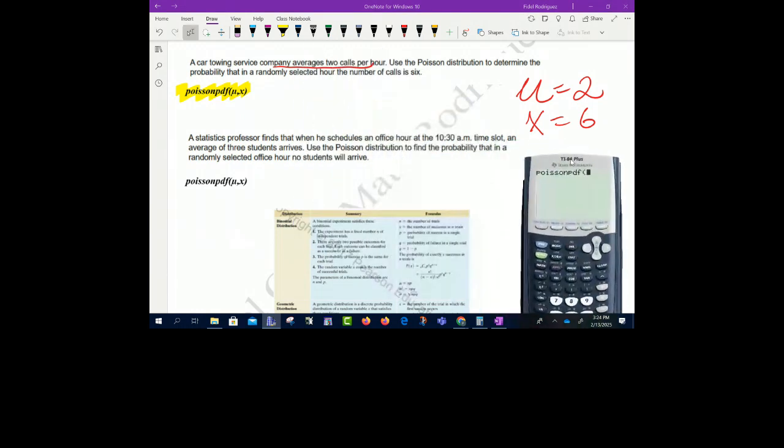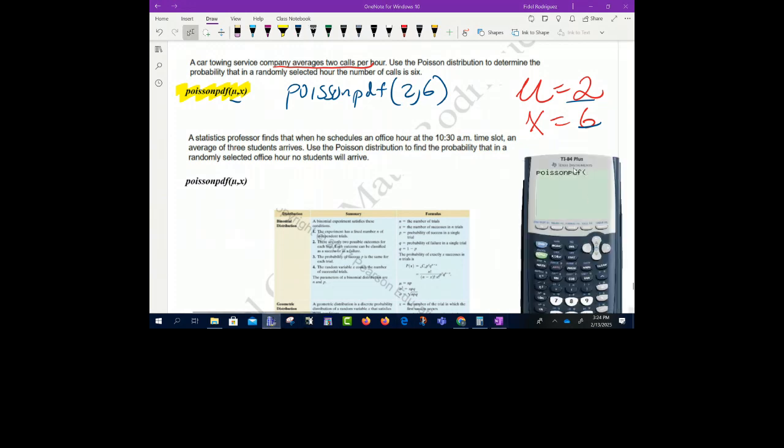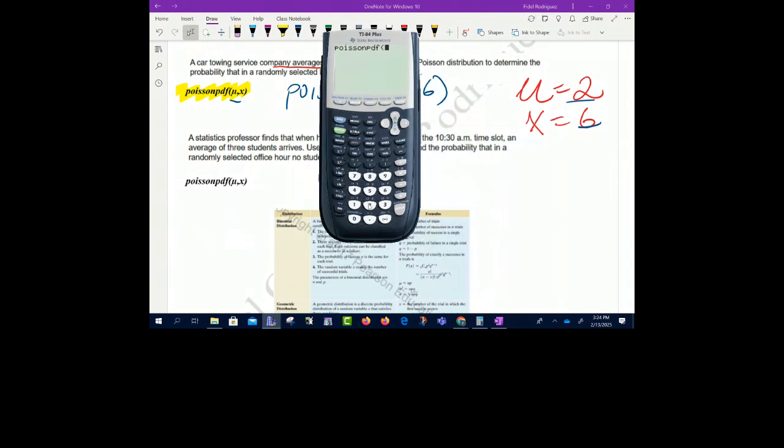What we're going to do here is look for our Poisson PDF. We put in our mu, which is 2, and our X value, which is 6. So I'm just going to hit 2 comma 6. Boom.